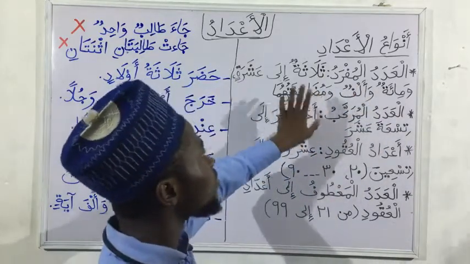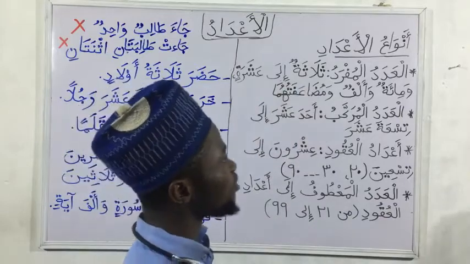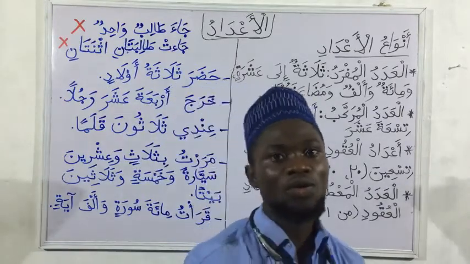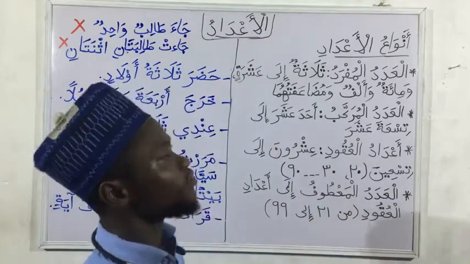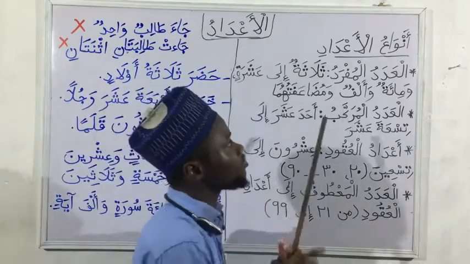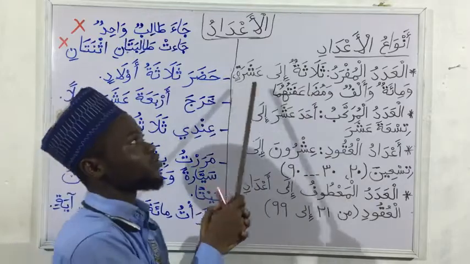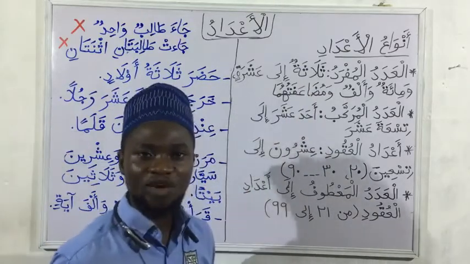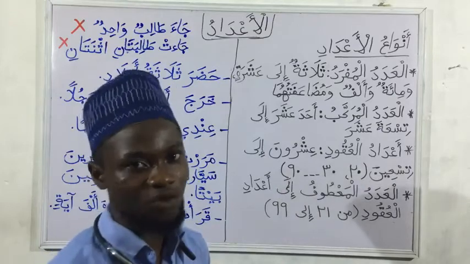العدد المفرد ثلاثة إلى عشرة ومئة وألف ومضاعفتهما. So that's the first type of adad. If you notice here, he said ثلاثة إلى عشرة, 3 to 10. So adad, numbers in Arabic, is different from that of English.